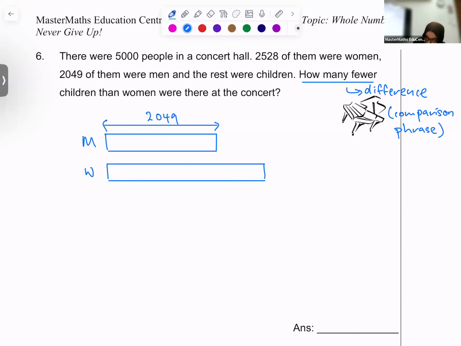Women. Okay. Sorry? Just as big as you need it to be.